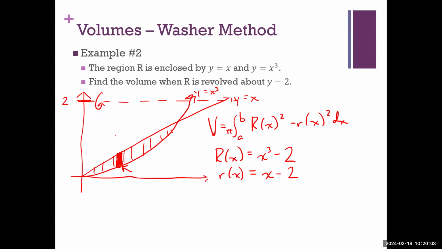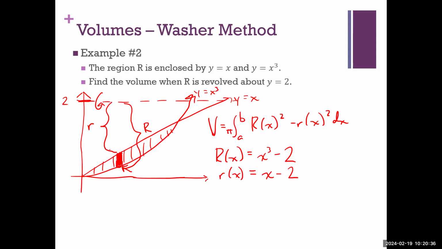Right. So basically, I'm trying to find this distance here. So let me label some of these things. This right here is my inner radius. And this right here is my outer radius. When I'm finding the heights of these rectangles, I'm not talking about the height of the rectangle, I'm talking about the radius that it's going to make when I wrap it around the line of rotation.